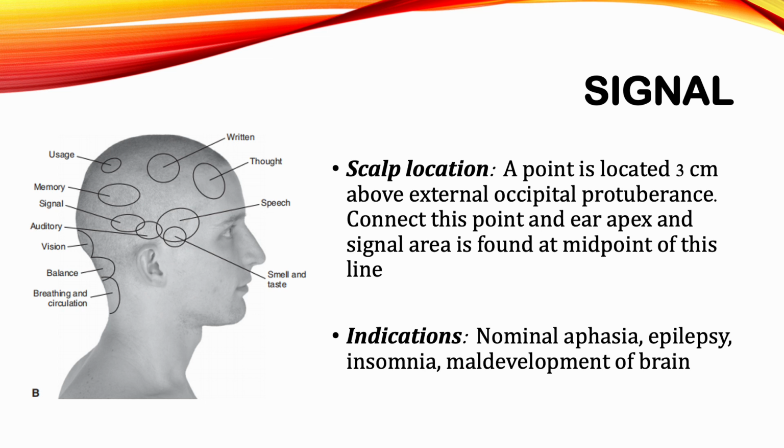Scalp location: a point is located 3 centimeters above the external occipital protuberance. Connect this point and the ear apex, and the signal area is found at the midpoint of this line. Indications: nominal aphasia, epilepsy, insomnia, and maldevelopment of the brain.